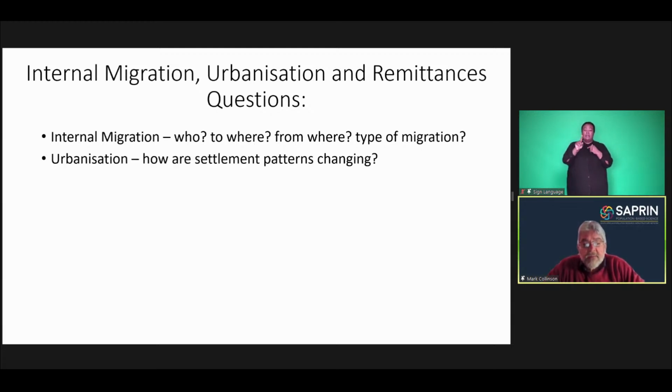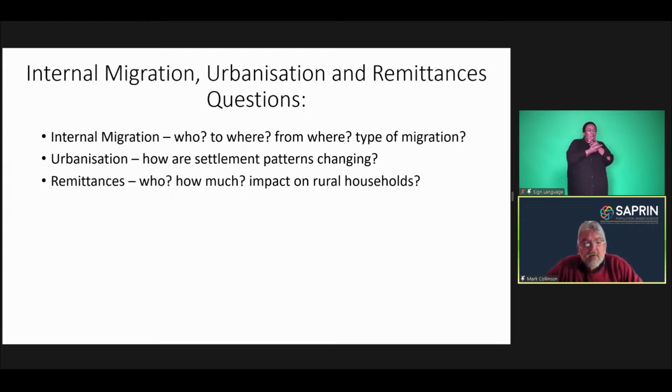Urbanization, how are settlement patterns changing? The percentage urban is what leads us into the concept of urbanization. But of course, just as Martin said, the standard dichotomy really doesn't help us. Much nicer to break settlement patterns down into something more than just rural and urban. We'll have a look at some of that. And then remittances.